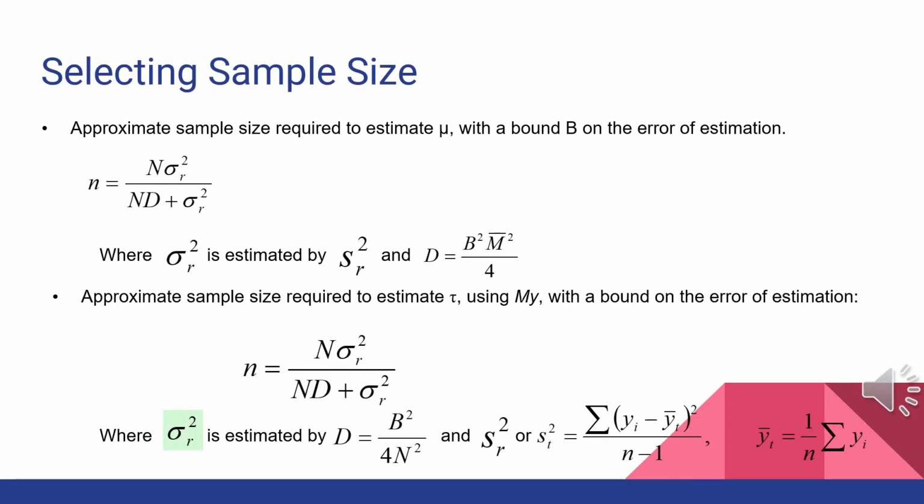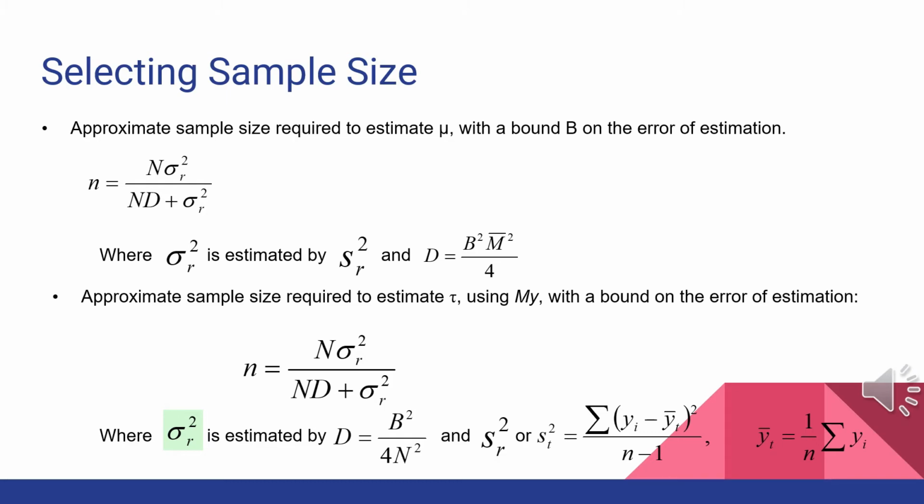Next slide is on selecting sample size for cluster sampling. Approximate sample size required to estimate mu with a bound b on the error of estimation. The formula is n equals N times sigma squared r over ND plus sigma squared r.